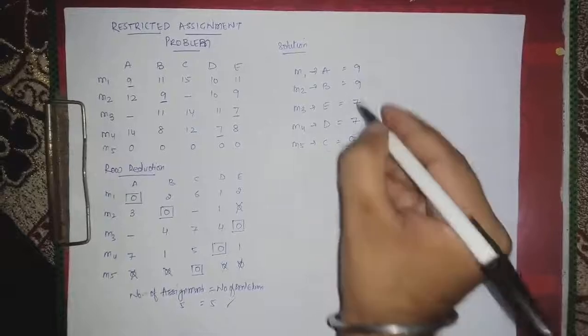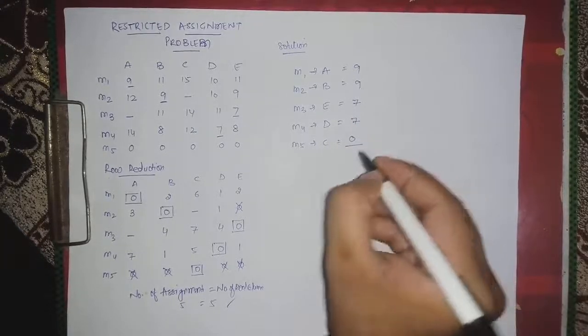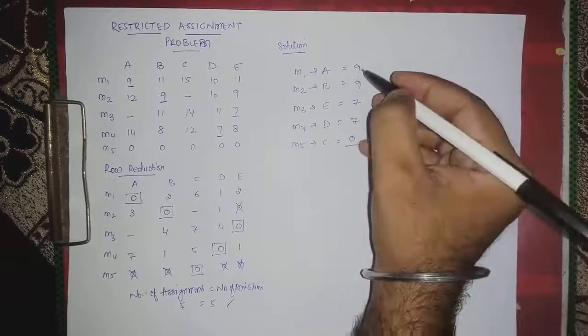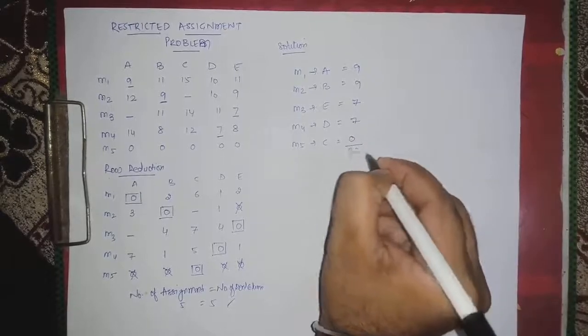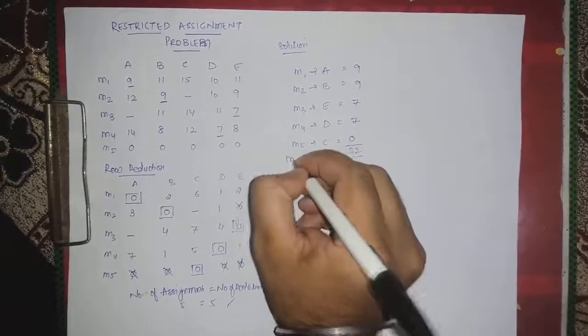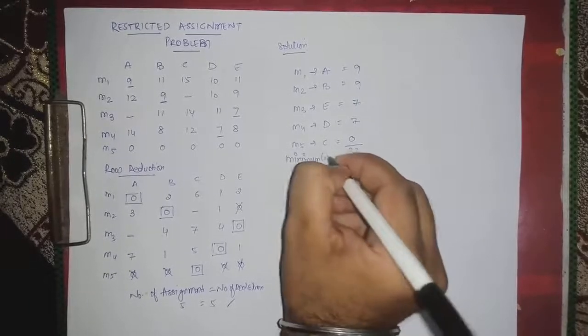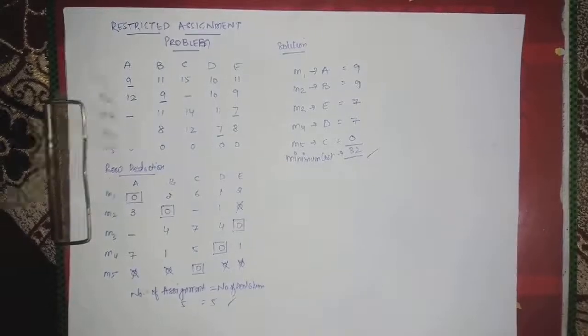So the total value is 9, 9, 18, 18, 7, 25, 27 and 7, 34. Okay, 34 or 9, 9, 18, 25 plus 7, 32. So our minimum cost will be 32. Okay, that's our solution.